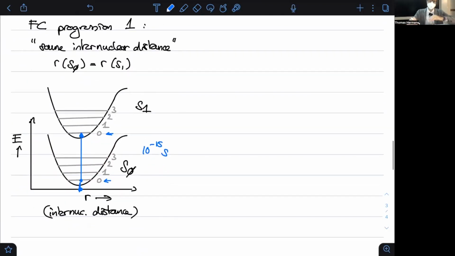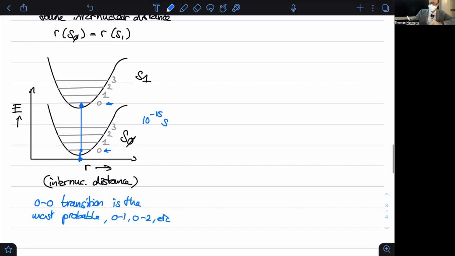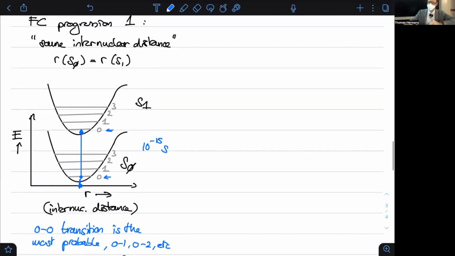So this means that for this Franck-Condon progression, this 0-0 transition is the most probable, and 0-1, 0-2, etc. less.